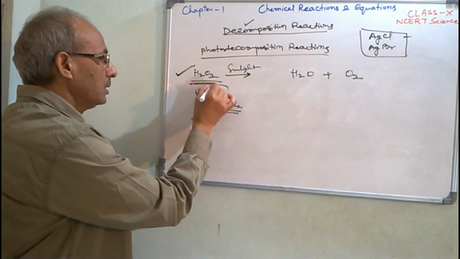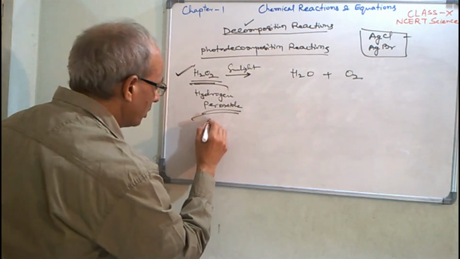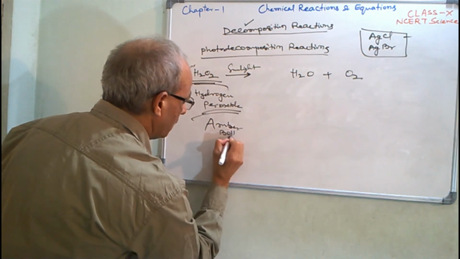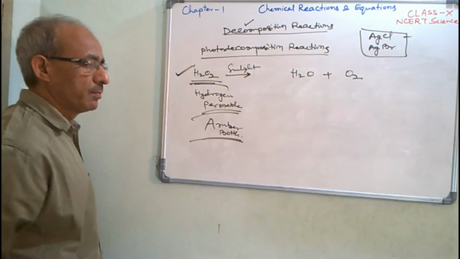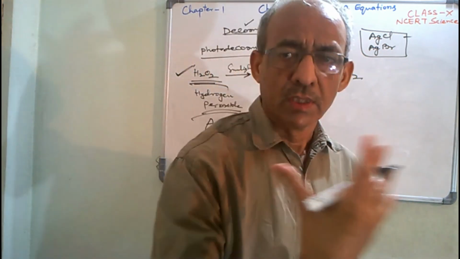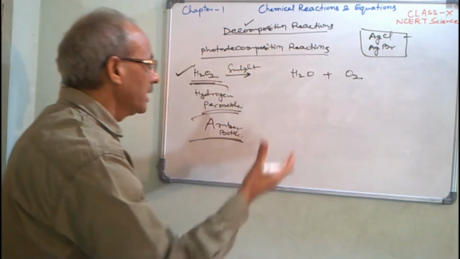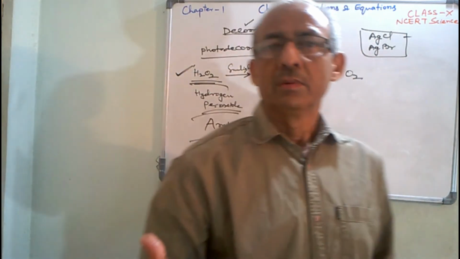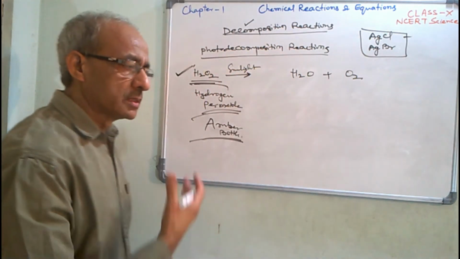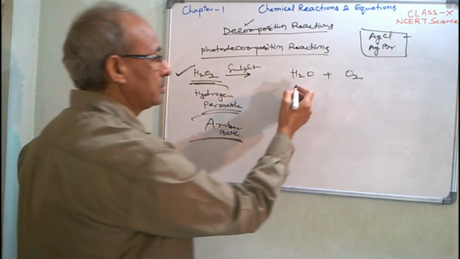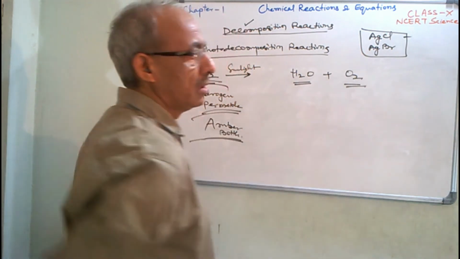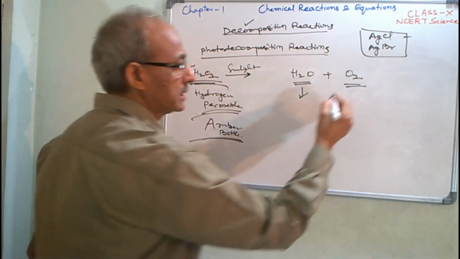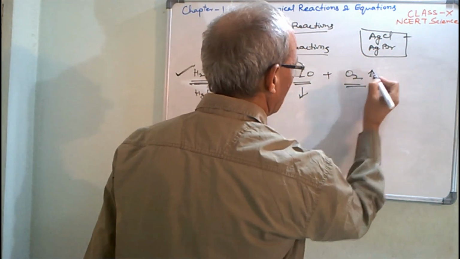So it is kept in an amber bottle, so that it can be protected from the sun rays. But when it is kept open in the sun rays, it splits into water and oxygen gas. Here water is the main product, and oxygen gas is evolved as the byproduct.